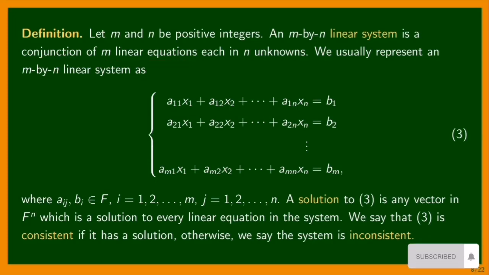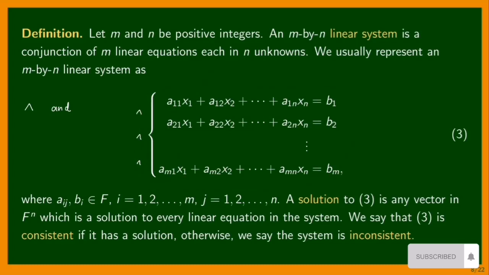A conjunction is a compound statement or proposition connected by the connective "and". So when we write equations this way, this is a compound statement connected by "and". Therefore, in order for this system to be true, each of these equations must be satisfied or must be true.